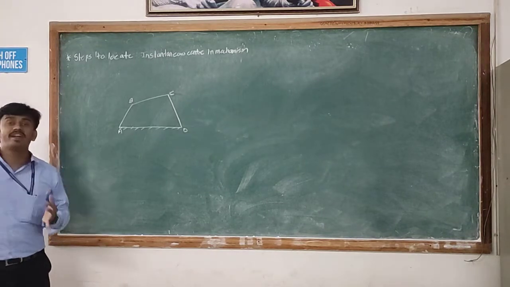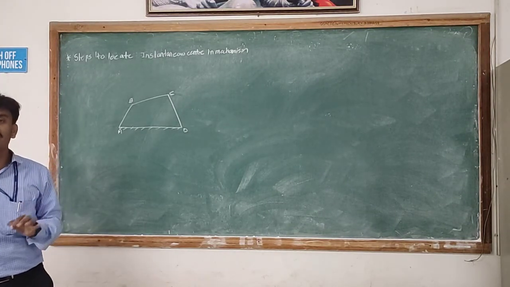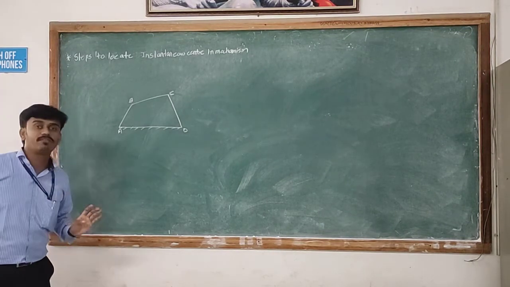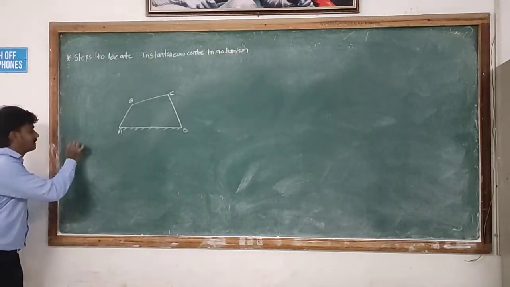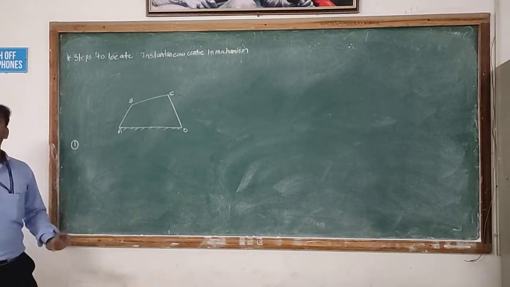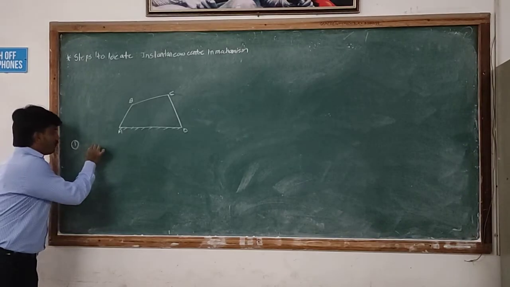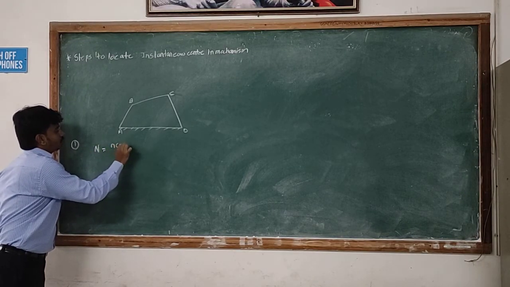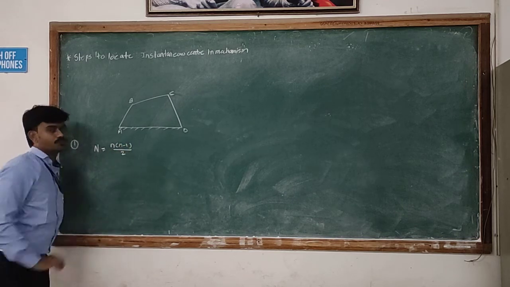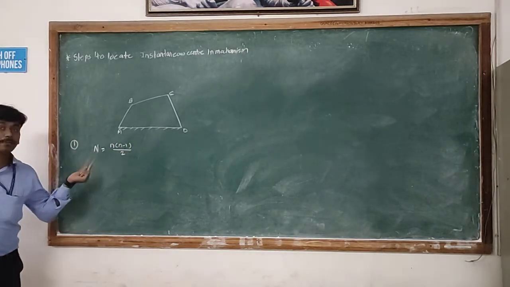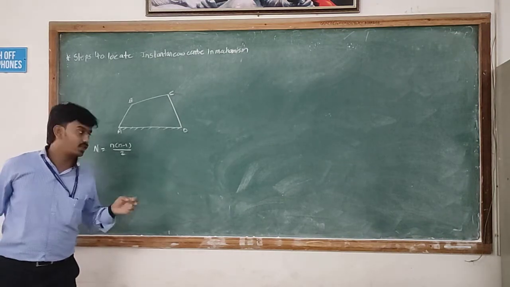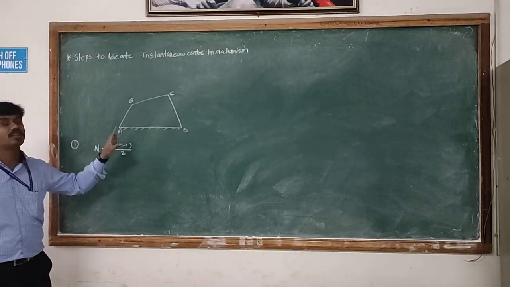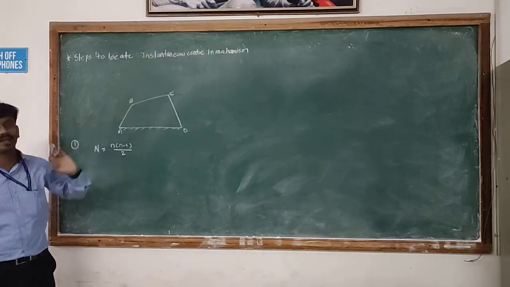First of all, we will find out how many instantaneous centers will be present. The first step is to find the number of instantaneous centers. We have the formula N is equal to n into n minus 1 divided by 2. Here capital N represents the number of instantaneous centers, small n represents the number of links in a mechanism.